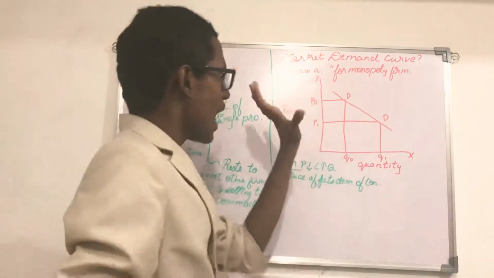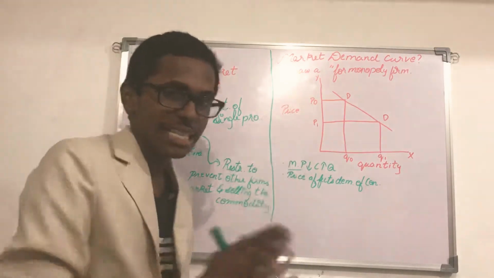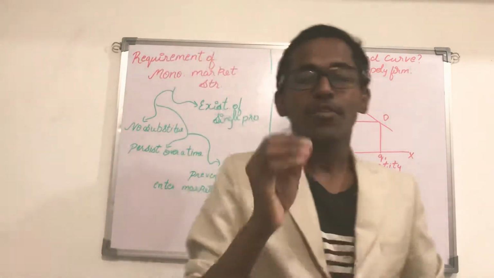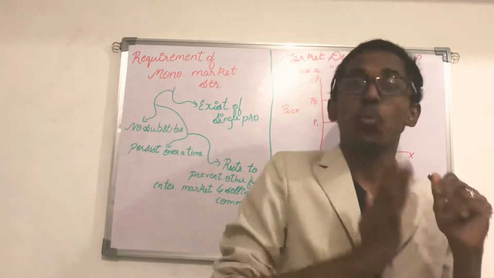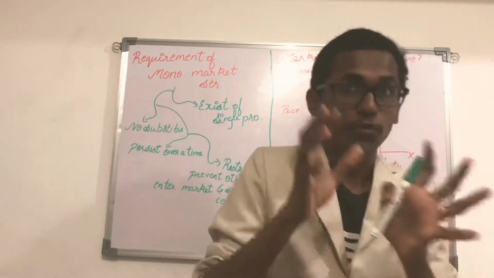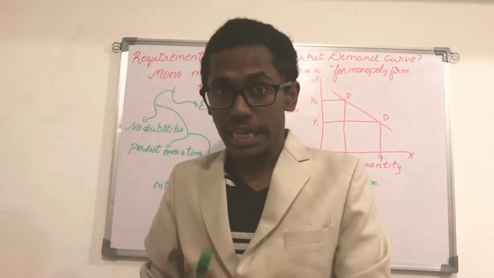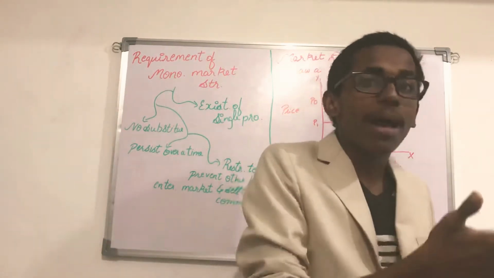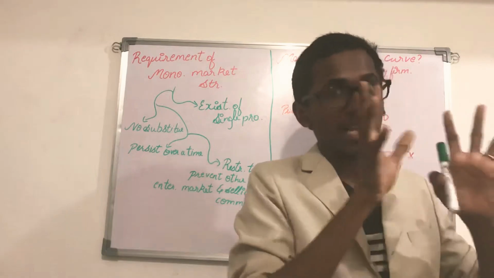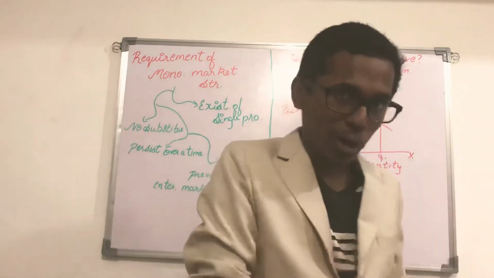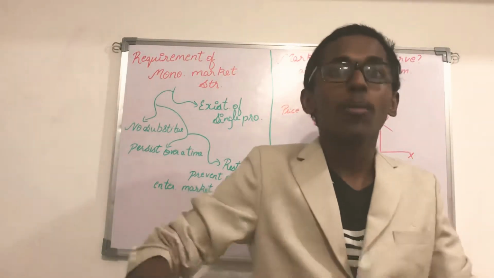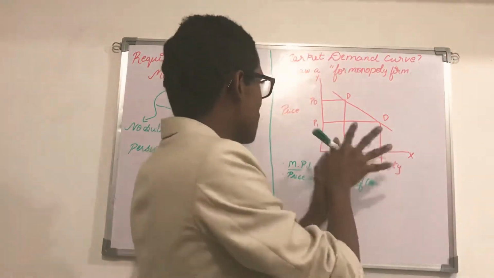I'll give an example so that you'll understand this very easily. For example, if I'm selling 1 kg of mangoes for rupees 100, the consumers will buy very little. In the same case, if I'm selling 1 kg of mangoes for rupees 40, consumers will buy a larger quantity. The same concept applies over here.